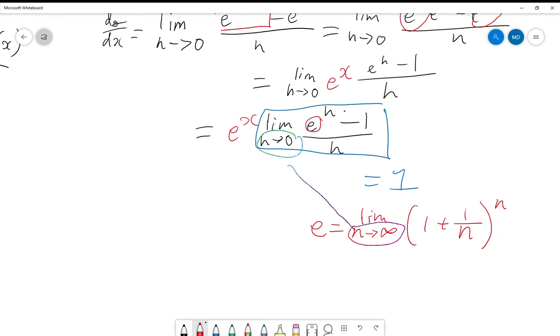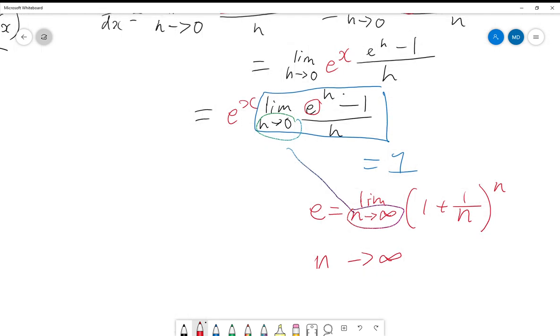So what we really want to do is pick our n in such a way that as n tends to infinity, the thing we're going to relate it to tends to 0. We're going to want to turn it in terms of h. So to do this, the trick is to say that n is equal to 1 over h.